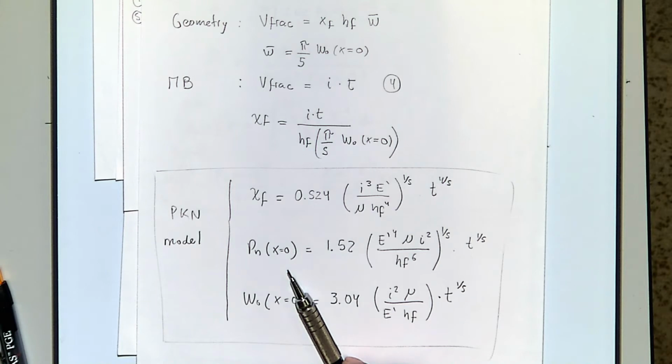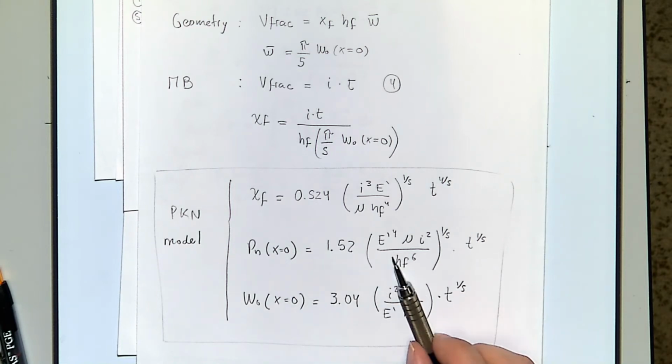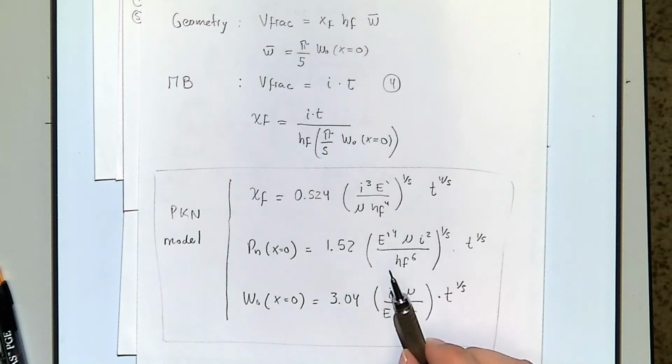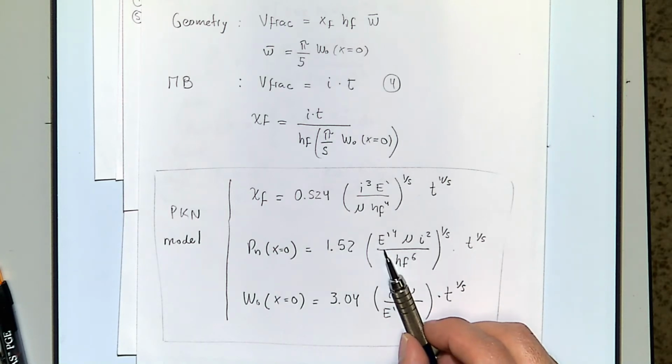Let's see the net pressure. The net pressure is proportional to the constraint modulus, and this makes a lot of sense because the higher your Young modulus, the higher the pressure that you need for the same width for a fracture to open.